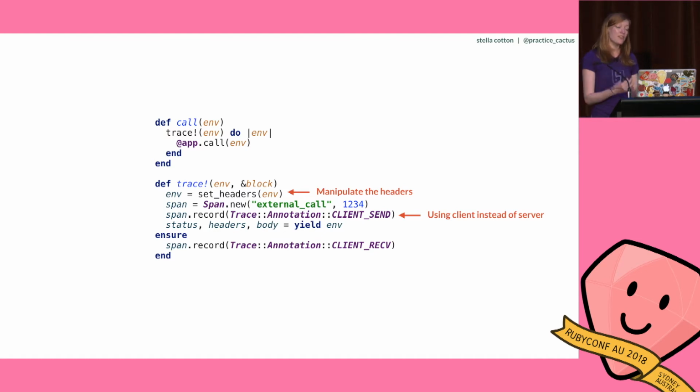So the tracing on this side, though, is a little bit different because you're going to want to actually manipulate the headers to pass along the tracing IDs. And that way, if you're calling out to an internal service that's already been instrumented, that internal service will know, oh, I'm being traced. I know how to trace. Let's keep this party going. But then if it's not, if it's like GitHub or Stripe, a third-party API, they're just going to ignore your headers, and you'll be able to just see the start and end.